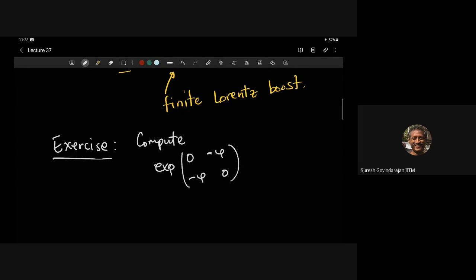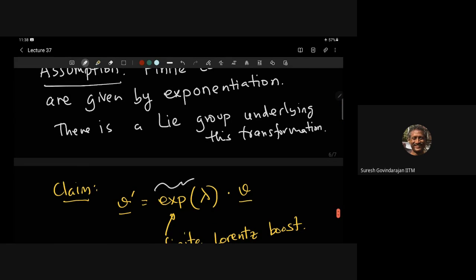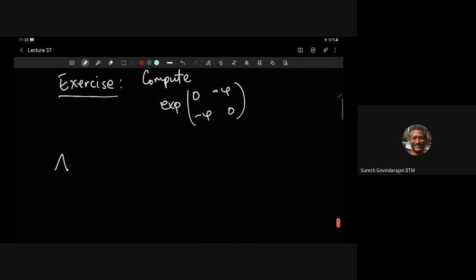And let me also call this matrix capital lambda. Just some notation. Lambda is the finite Lorentz boost, and little lambda is the first order piece.